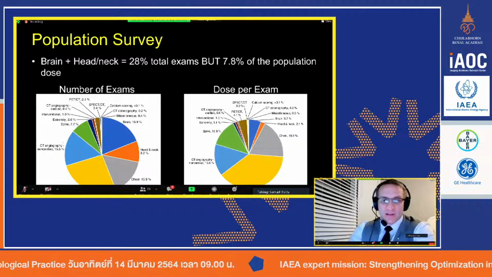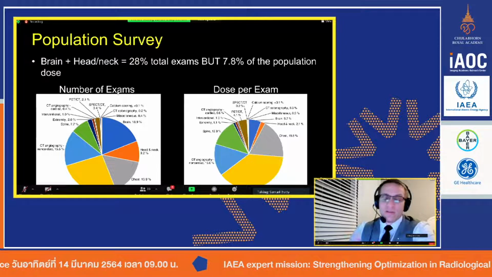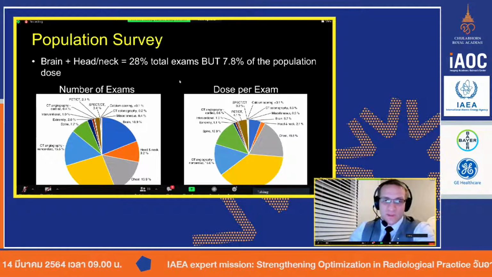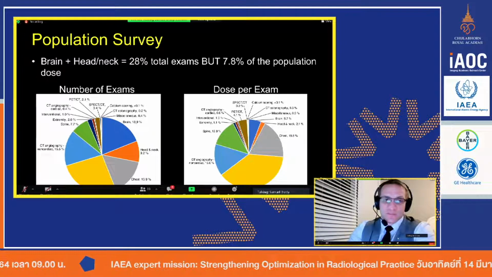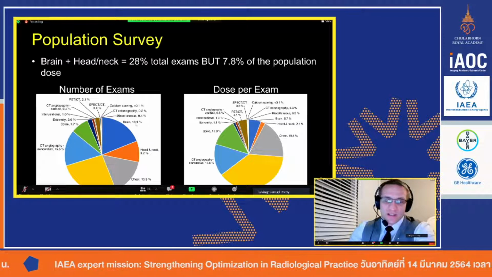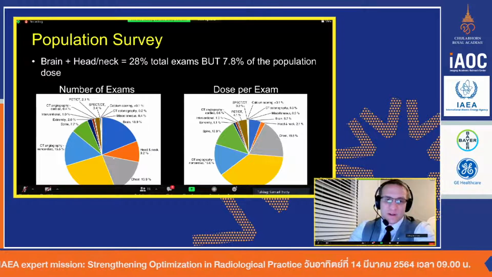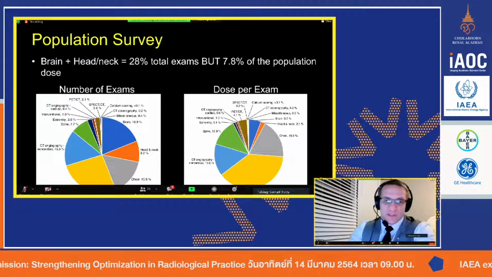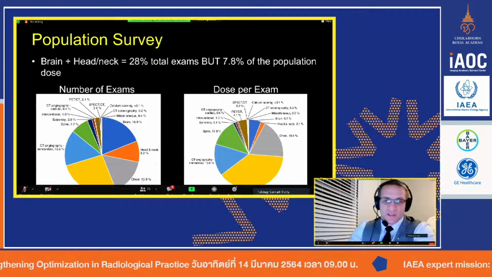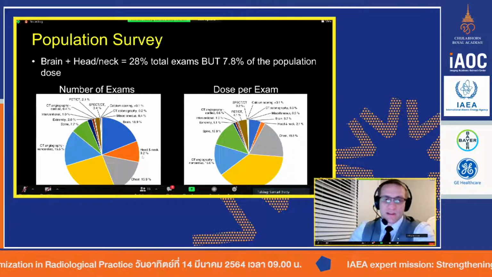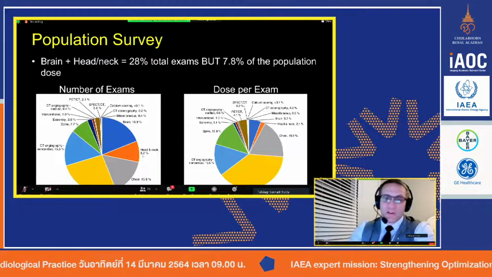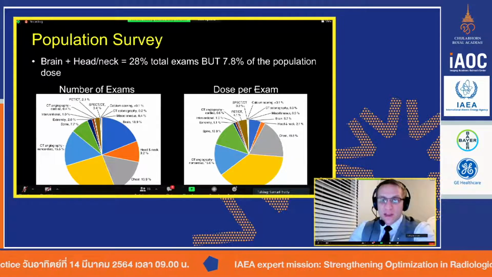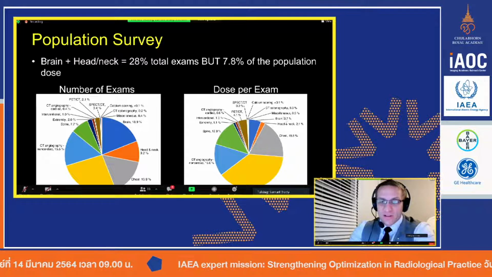Here's just a breakdown of the CT, once again here in the US, but brain imaging only accounts for a little less than 20% compared to abdomen pelvis, which is 26%, chest is roughly 16%, head and neck is about 10%. And when you look at the overall dose per exam, brain is right here, a little less than 6%.